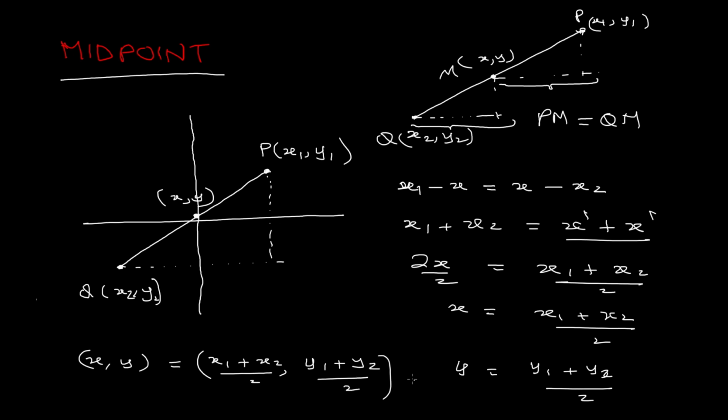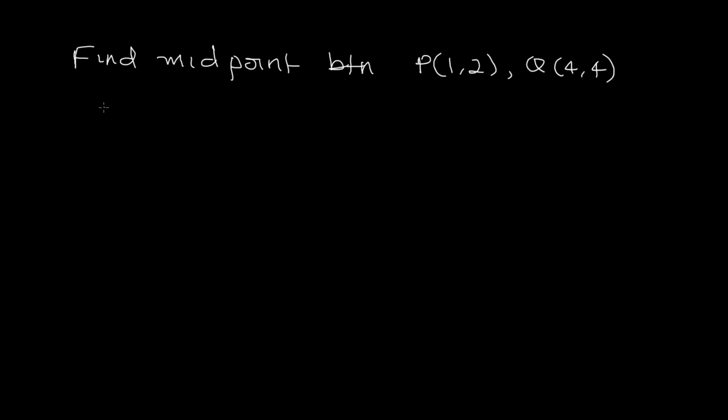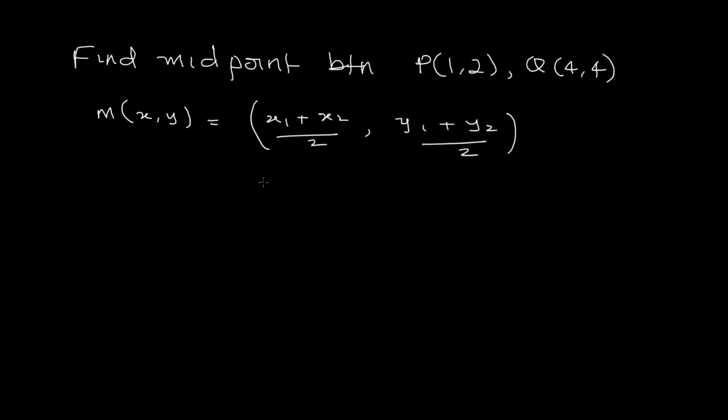So that's what we get here. Now we know what this is. So this is our example. Always we just bring out the formula. So we say M(x, y) is equal to x1 plus x2, then y1 plus y2, over 2.